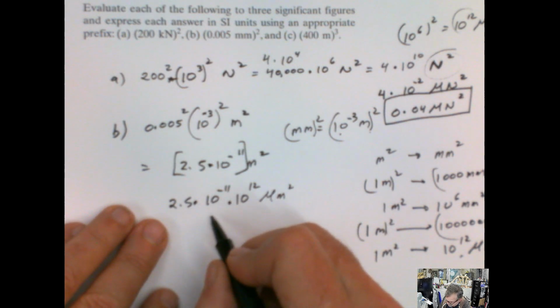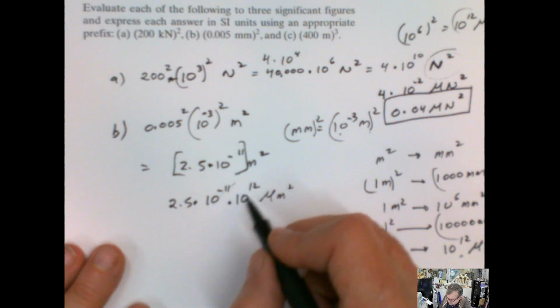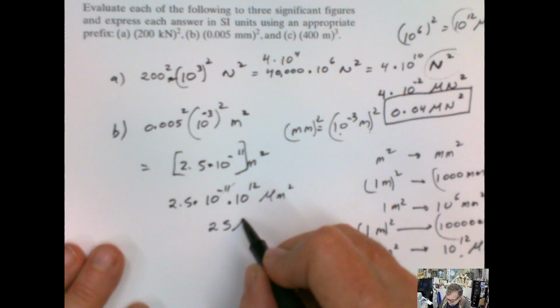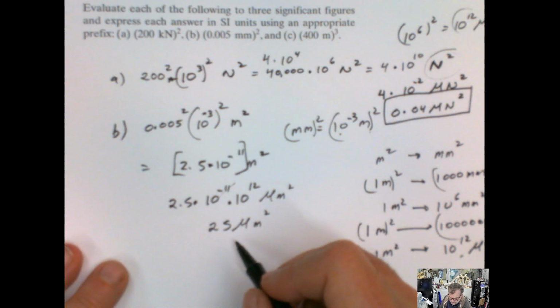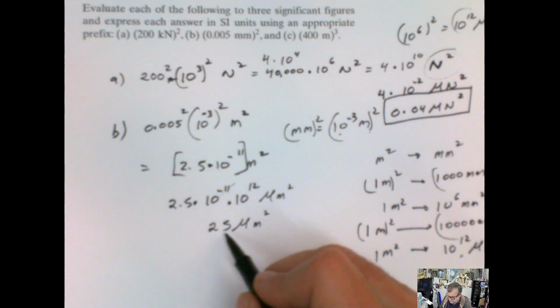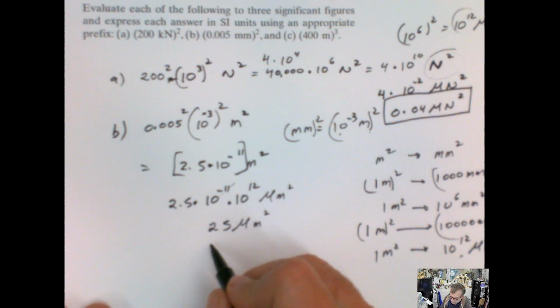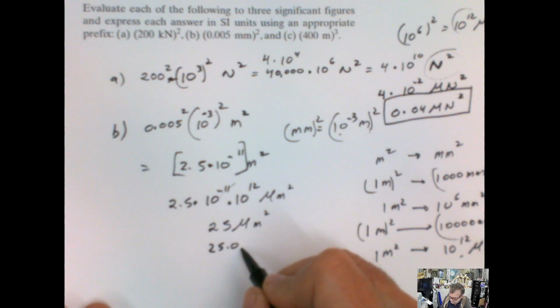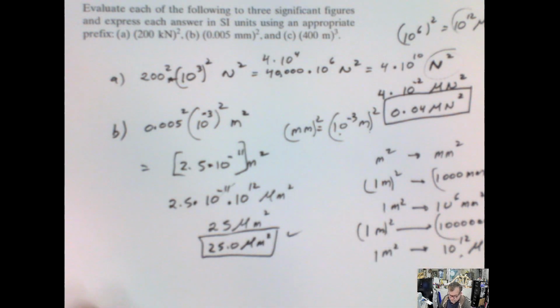And 2.5 times 10 is 25 micrometer squared. Now, three significant figures. This is not three significant figures, so you have to say 25.0 micrometer squared to make it three significant figures.